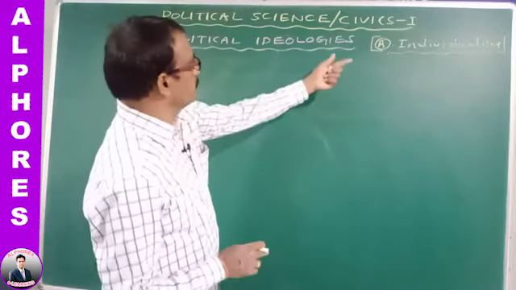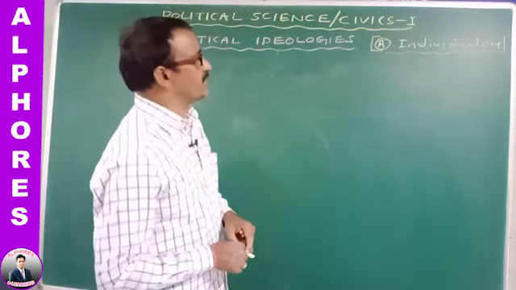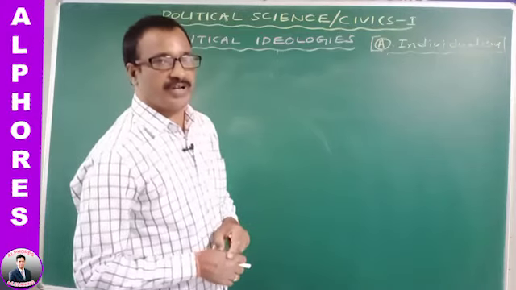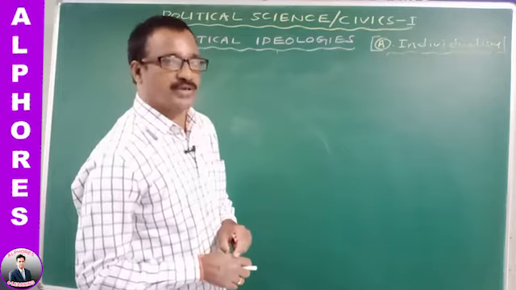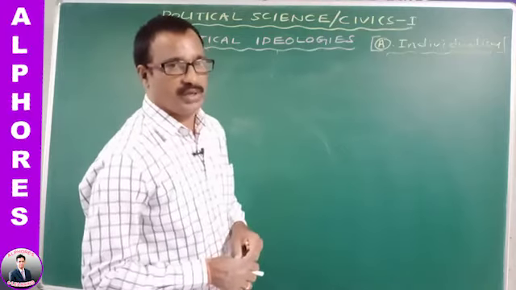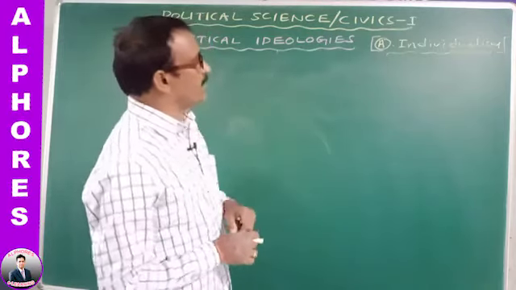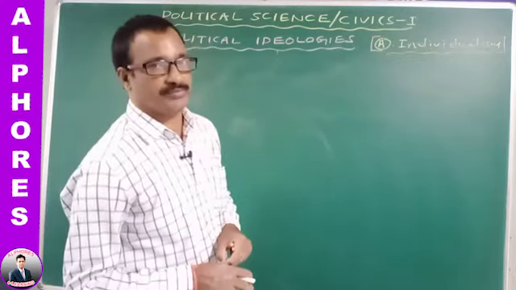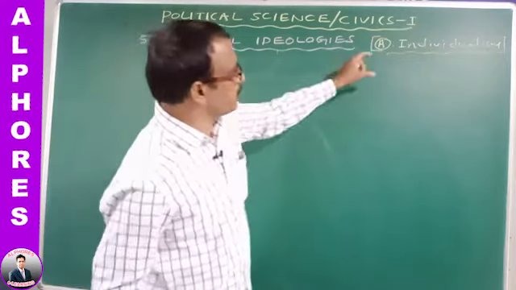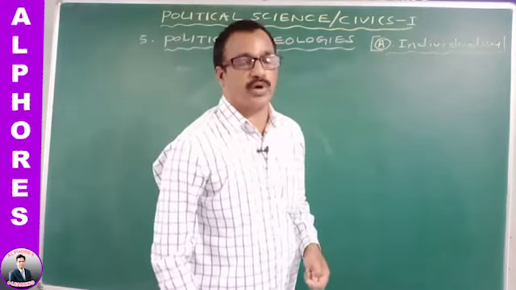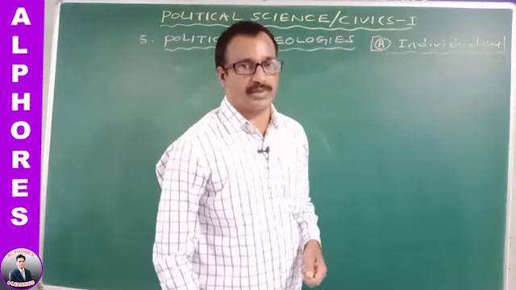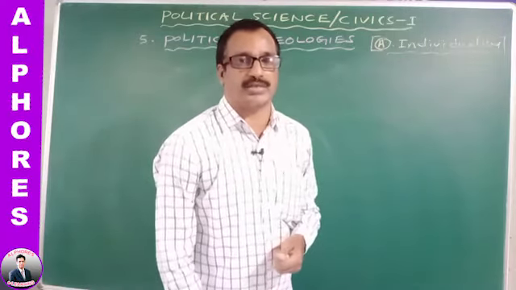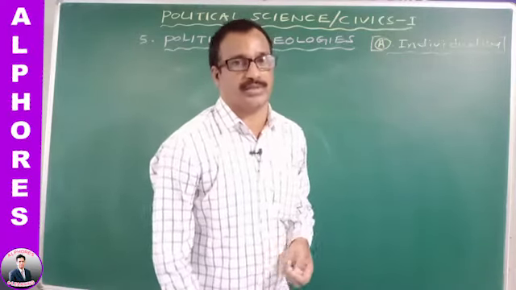Individualism was developed as an economic theory by Adam Smith, David Ricardo, and other Western economists. Later, it was developed as a political theory by J.S. Mill, Herbert Spencer, and some others.